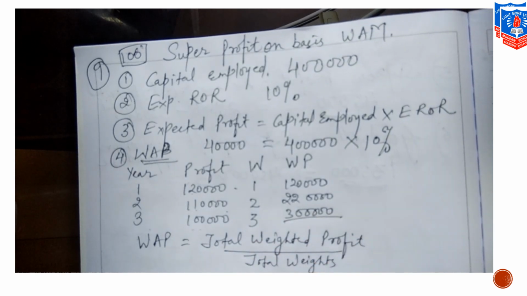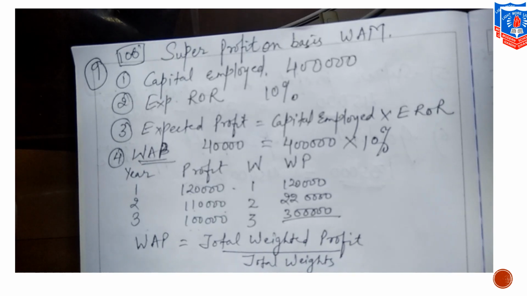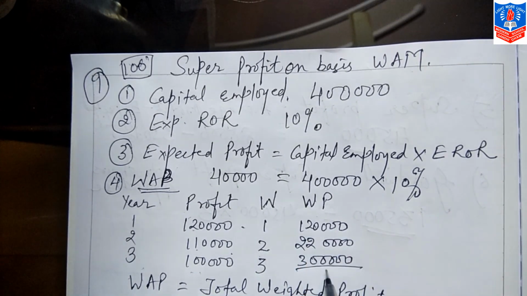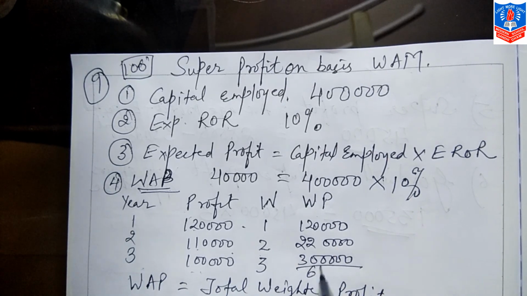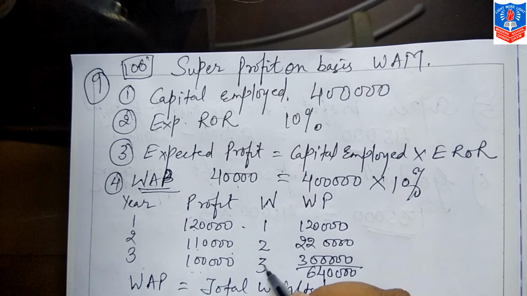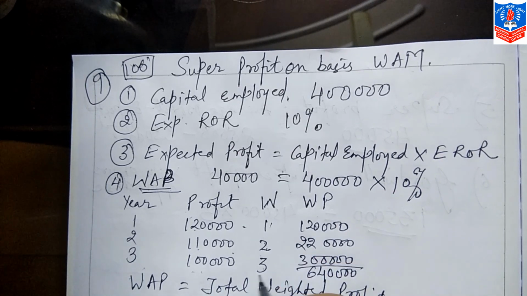If you total it up, the total weighted profit comes to 6,40,000. Total of weights, if you check, 1, 2 and 3 is 6.